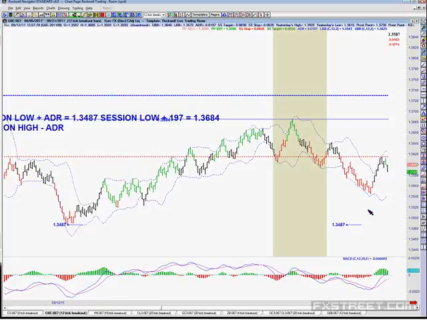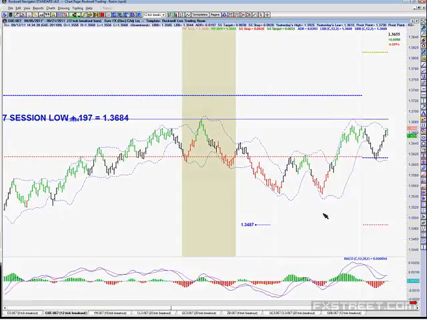So on the way back down, I would say, hey, if we start getting down into this level, then I want to be careful. And it just so happens on this day, this separates the day, and we got 1 tick through the average daily range. We stayed within the average daily range for the rest of the day, and that was it.